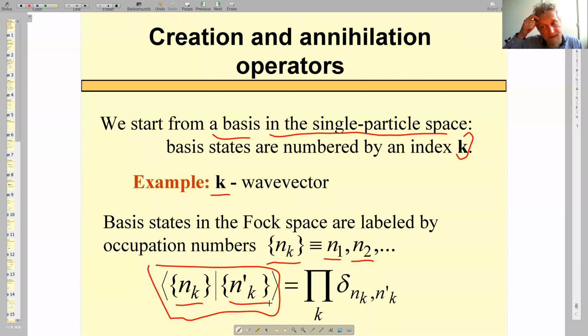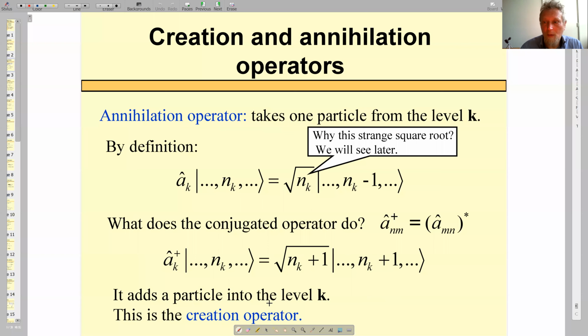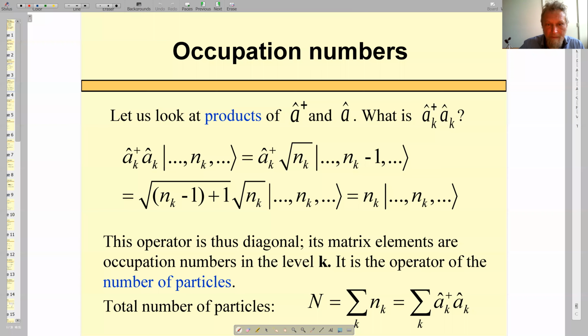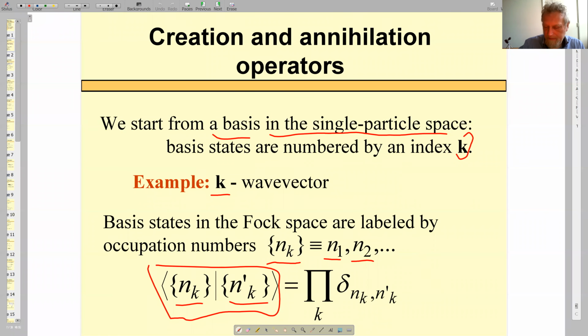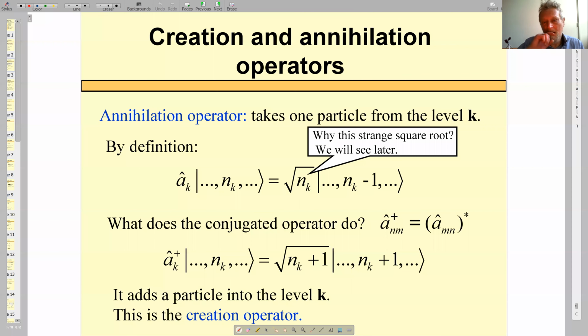Now let us define an operator. Let us define the annihilation operator. What does it do to the wave functions in this space?